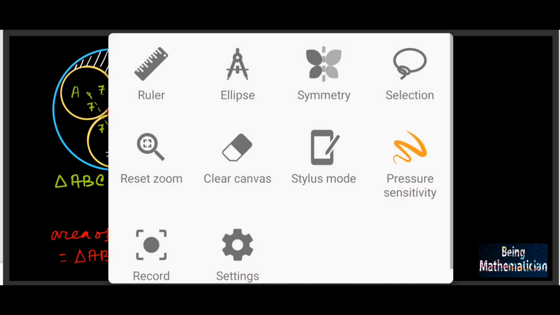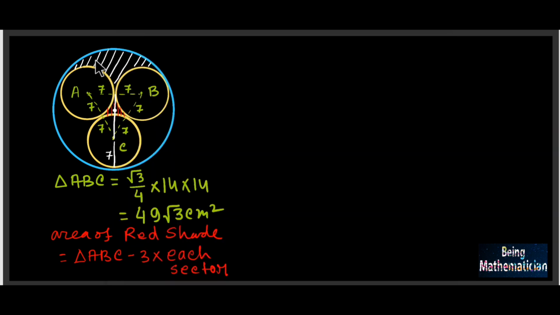Now we observe that this shaded part, our required shaded part, is symmetrical with this shaded part. So if we subtract the area of this 3 circle and this part from the big circle and divide by 3, then we get one of this shaded part. So let's do it.